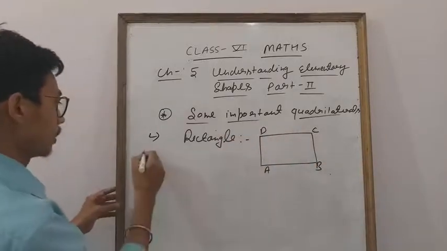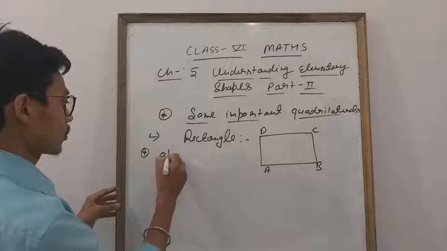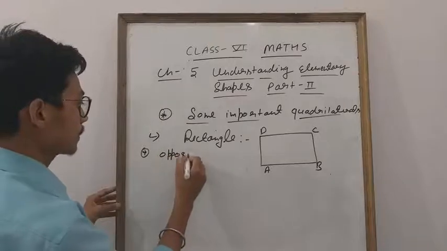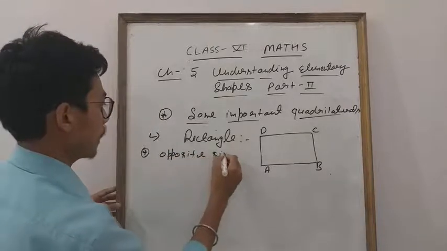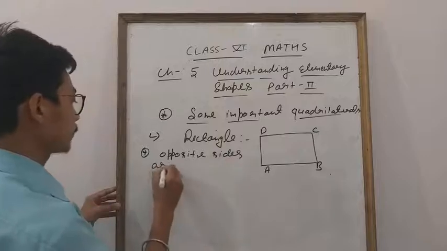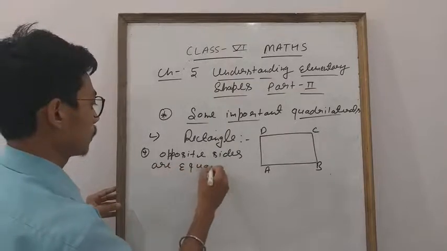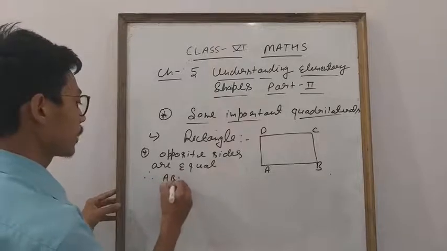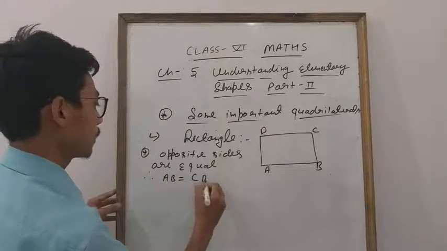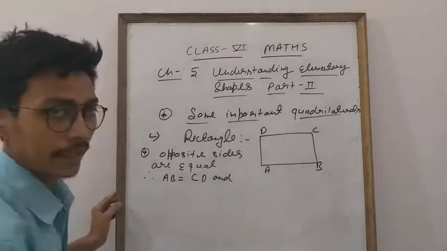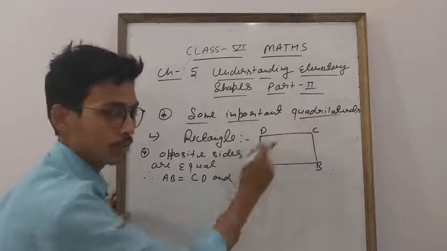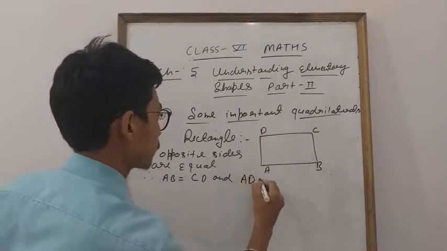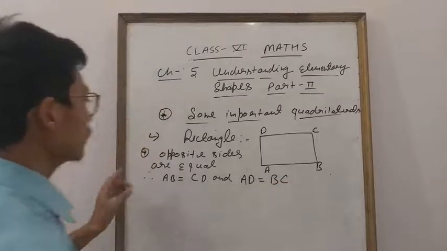Write down: opposite sides are equal. What is the meaning of this? AB is equal to CD and AD is equal to BC. This is the first property.